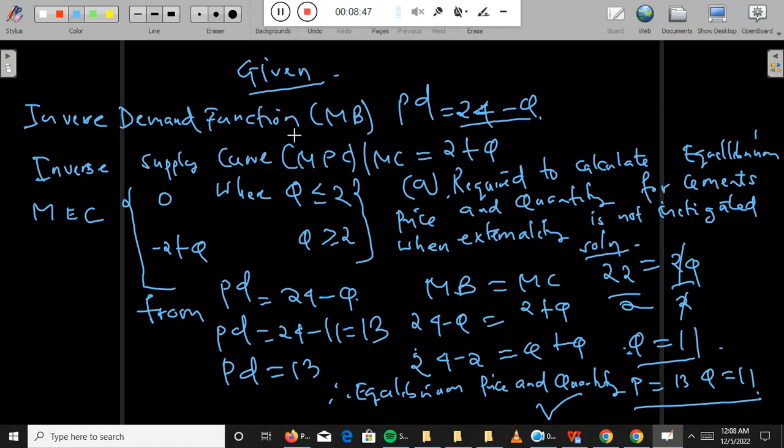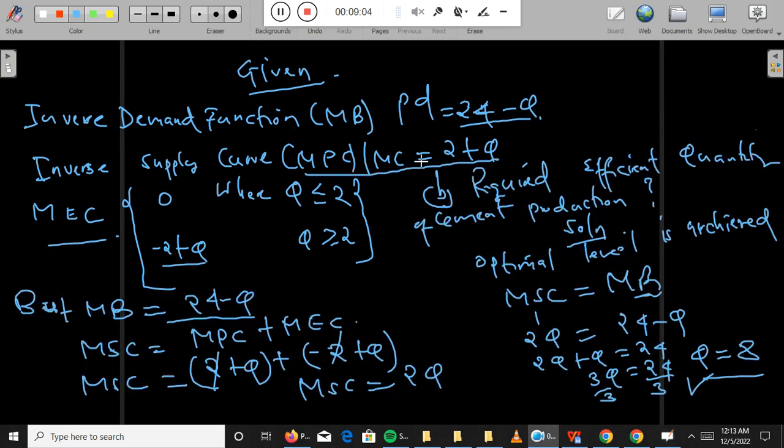Now, let's come to part B. We are required to calculate the quantity of cement that will be supplied by the market at the social optimal level. This is given by equating marginal social cost with MB.